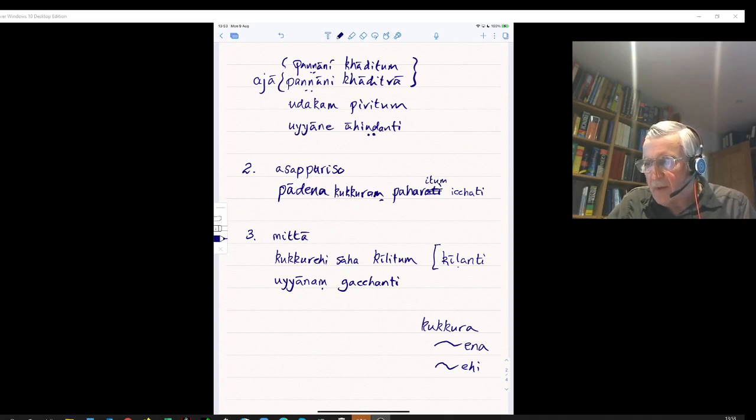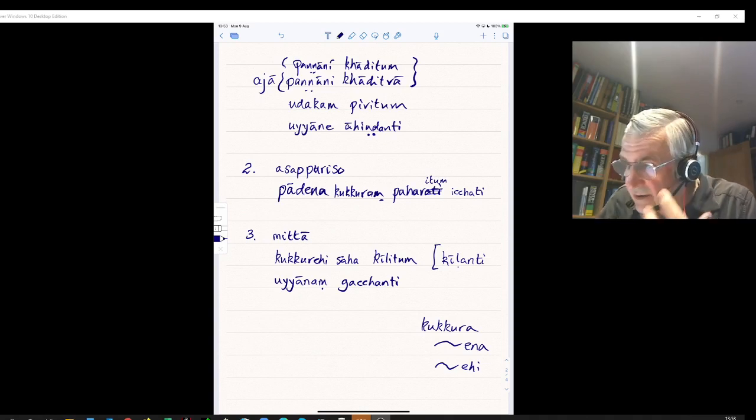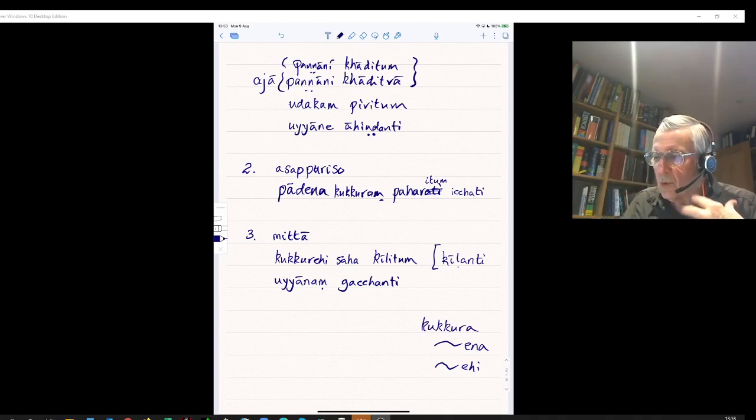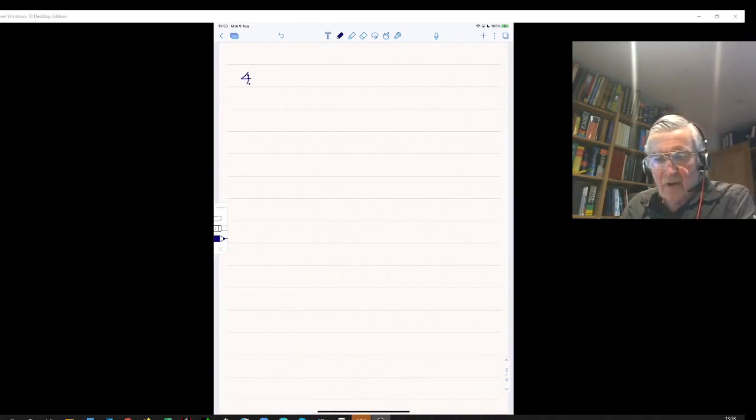The goats wanted to eat the leaves and drink the water. There's no sequence. They're both happening simultaneously. So that's why we said you could have panani kaditum or panani kaditva udakampivitum uyane ahendanti. Here we have a distinct sequence of events, so I would say it's pretty much mandatory to put the bit about coming home in the absolutive form.